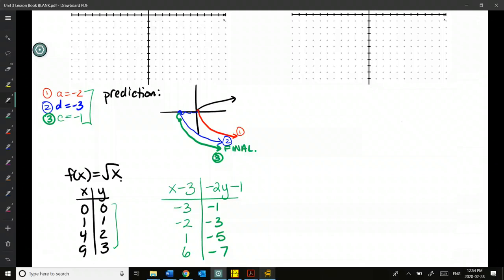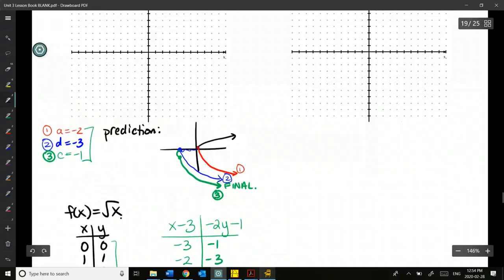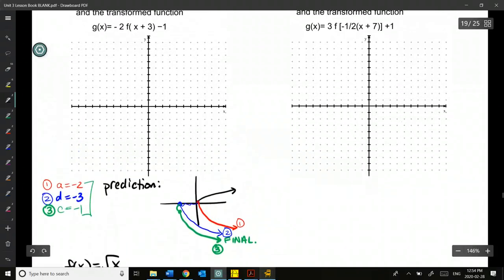Okay, so we want to make sure we can fit both of these graphs on our graph above. Notice that your y's need to go all the way up to -7. So I think we'll just choose an x and y scale. We'll go by 1s on each of them, just so that we can make sure that we fit it all.